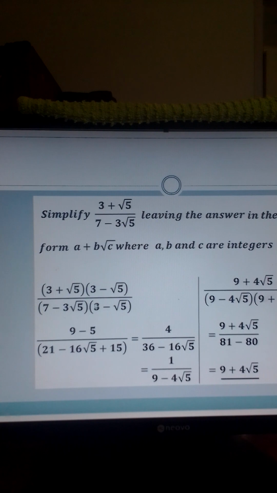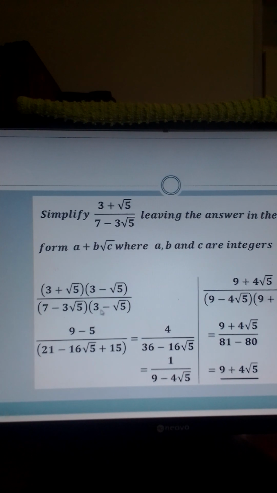This term times this one plus this term times this one, you get 16 root 5. Okay? Because 3 times 3, you get 3 times minus 3, you get minus 9 root 5. And then this one is 7 times minus root 5, you get that one. So you get 9 plus 7 is 16 root 5.